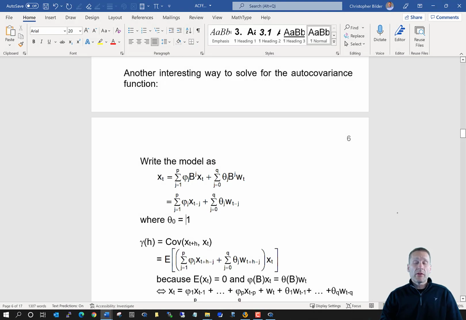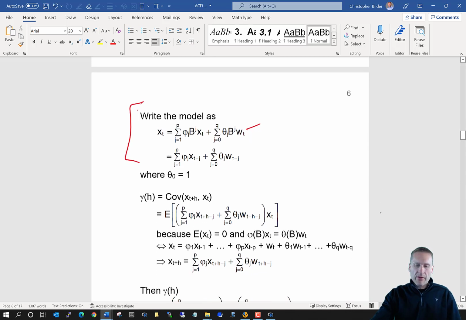So another way to find this autocovariance function that's kind of interesting is to first rewrite the model so that we have x of t on the left side and everything else on the right side, as I did here. And then the autocovariance function could be found as follows. The autocovariance function is the covariance of x of t plus h and x of t.